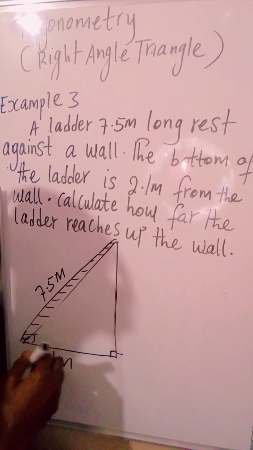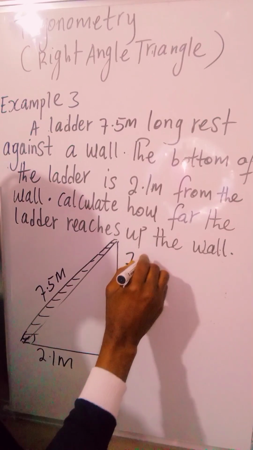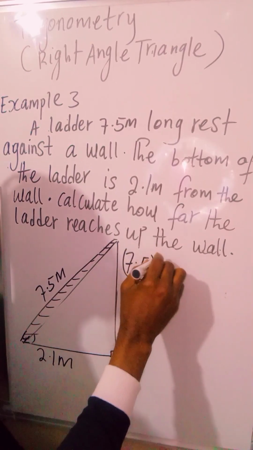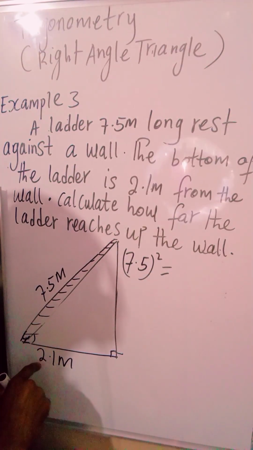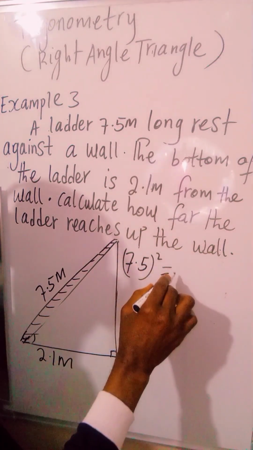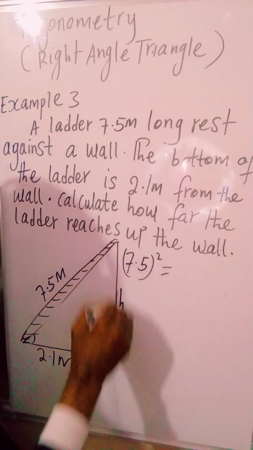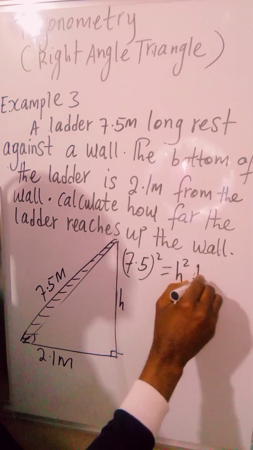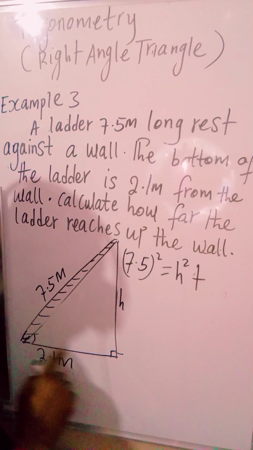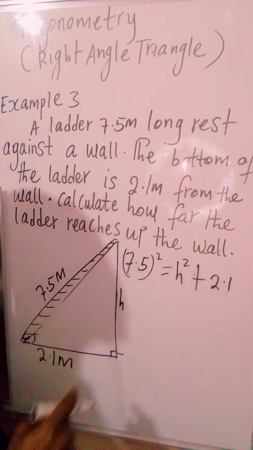Pythagoras theorem is saying that the square of the longest side of a triangle, which is 7.5 meter squared, is equal to the opposite, in this case the height of the vertical wall, h squared, plus the base of the triangle, in other words the adjacent, which is 2.1 meter squared.